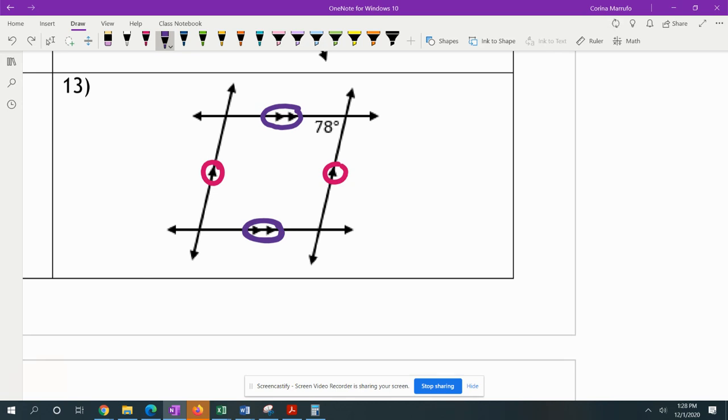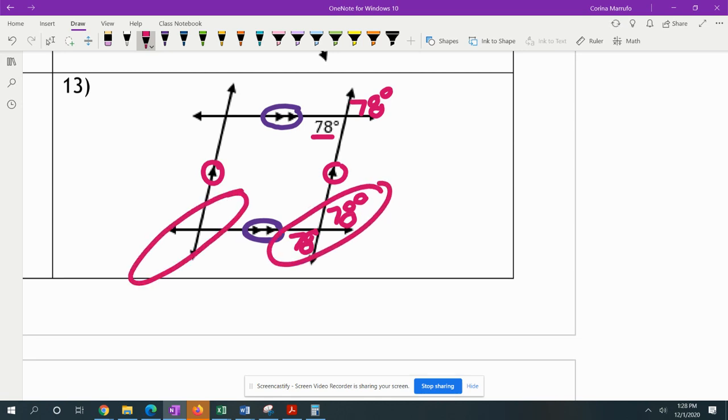Okay, so then from there, I'm going to go ahead and look. This is 78. That is my acute angle, so that means this is 78 degrees. So if I look here, this one is 78, and this is 78. Okay, and then we translate this right here, to here.